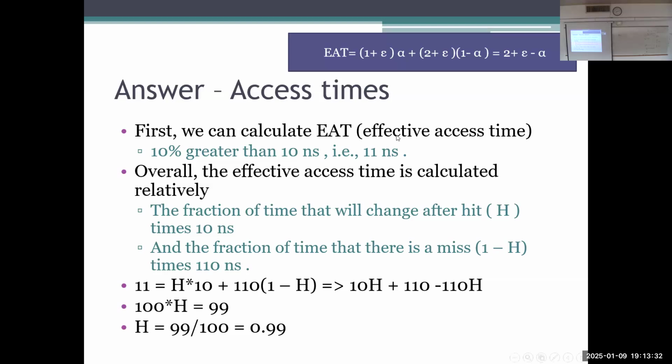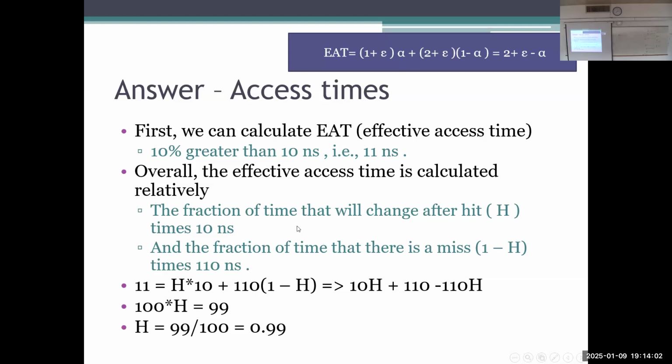Anyway, first we calculate the effective access time. It's 10% greater, so it's 11 nanoseconds, like you said. So we already figured out the EAT is 11. Overall, the effective access time is calculated relatively: the fraction of time that there is a hit times 10, and the fraction of time that there is a miss times 110 nanoseconds.